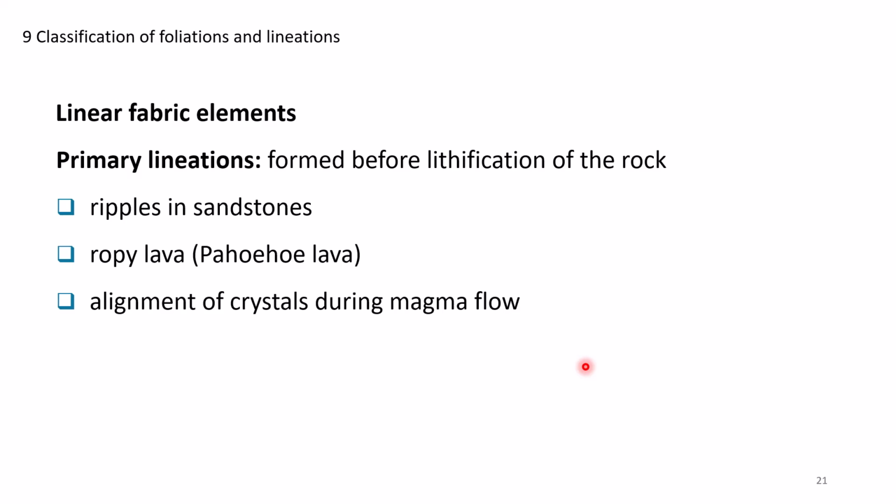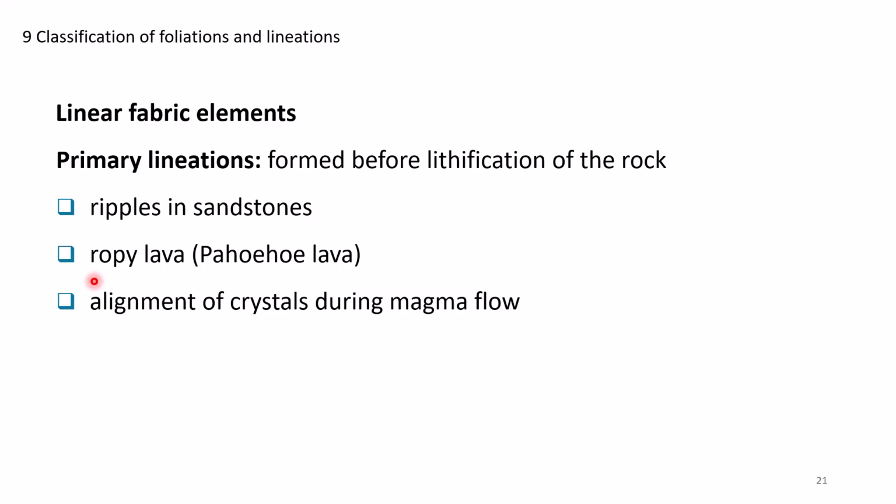Let's come to linear fabric elements. Again, in lineations, we also have primary ones. These are linear features that have formed before the lithification of the rock. These could be, for instance, the crests of ripples in sandstones.